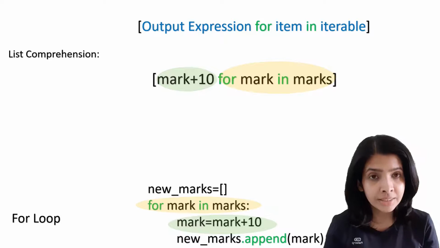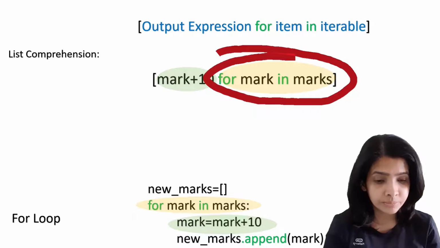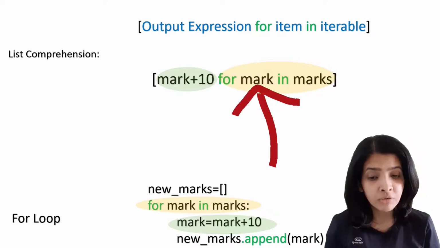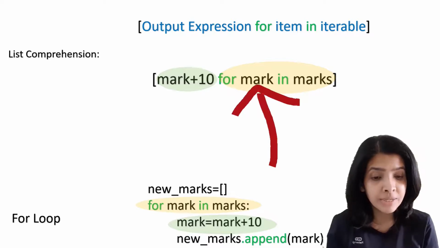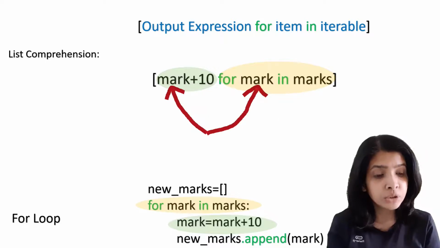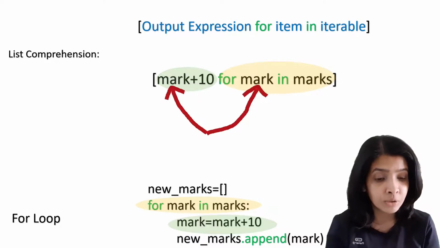The third part is the for loop to iterate over the iterable, that is a list or a range object. Here I call the individual marks as marks. Now you can call it anything, you can call it x, y, anything, but you have to make sure that whatever you call the individual elements of the iterable in this for loop part, you use the same name in the output expression where you are doing the calculations on the individual elements.